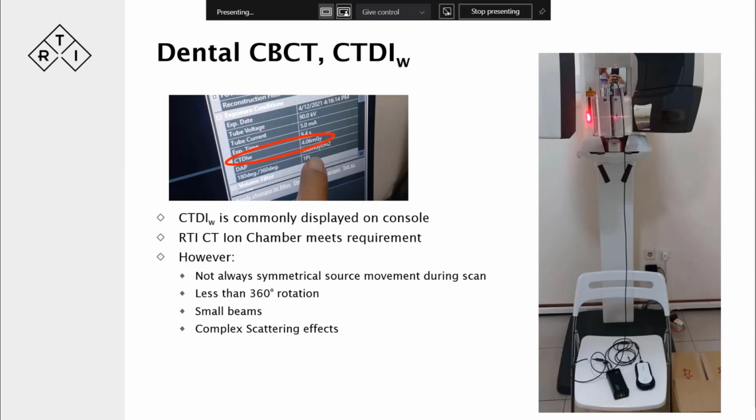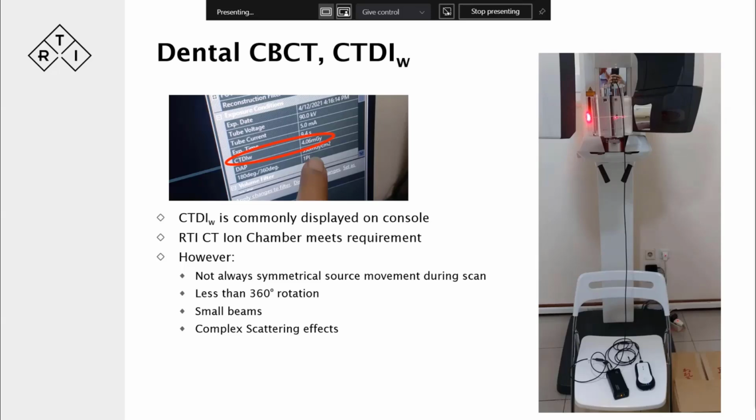Also, there are some small beams with the cone beam, as opposed to CT, where you may have a fan beam. With a cone beam, you may have the phantom not fully irradiated, the full phantom length, giving quite complex scattering effects inside, and that is also difficult to reproduce. And the CTDI definition is not fulfilled when we're talking in those terms.